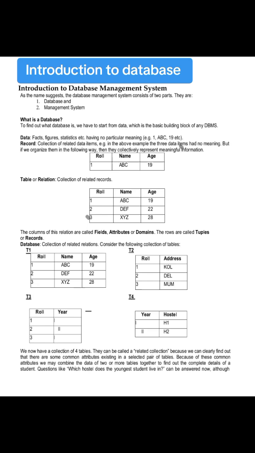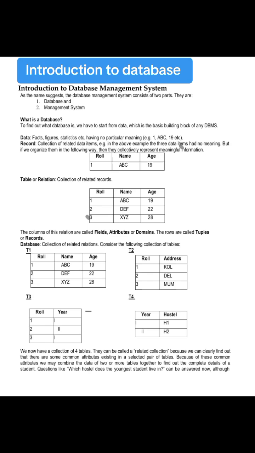Now in that table or in that relation, we have fields, attributes or domains. We can interchange them. In a table we have rows and then we have columns.